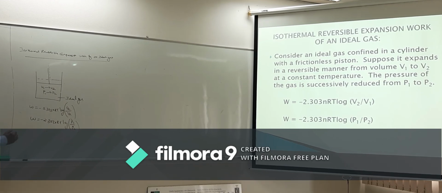Here, what is n? n is the number of moles. R is the gas constant. T is the temperature. V is the initial volume.